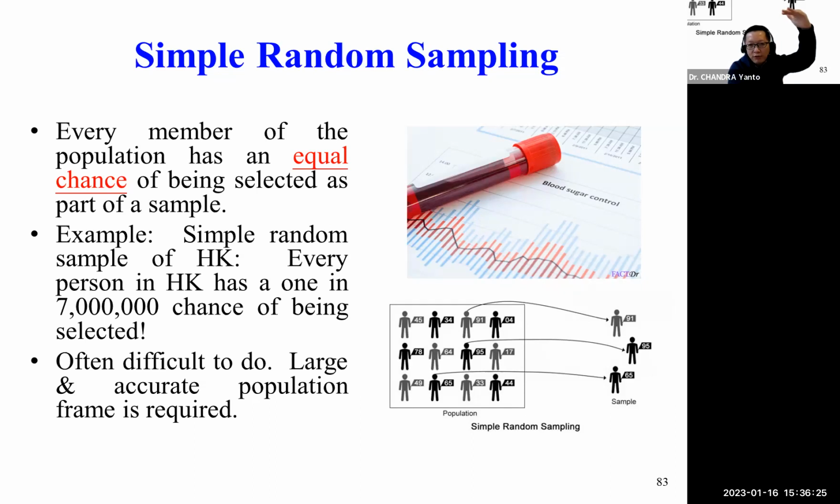Let's say you have a list of people's ID cards, let's say from 001 to 10,000, right? And you can ask your software to give me random numbers of 200 people from these 10,000 people. So your software, like SPSS or R, can give you this random number. And from this number, then you contact them either by phone or by email if you have access to their database, right? So this is very random.